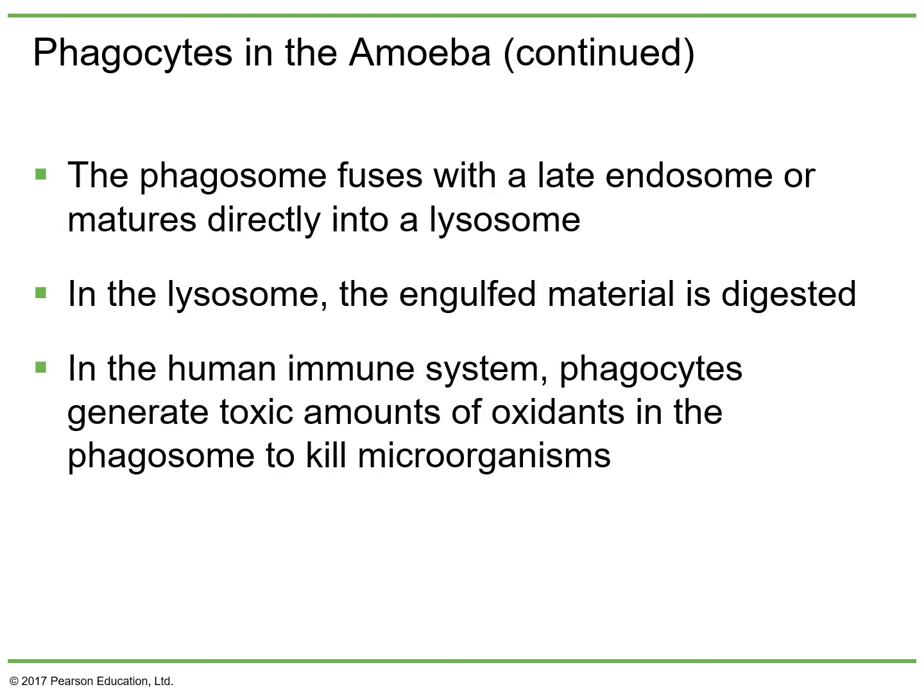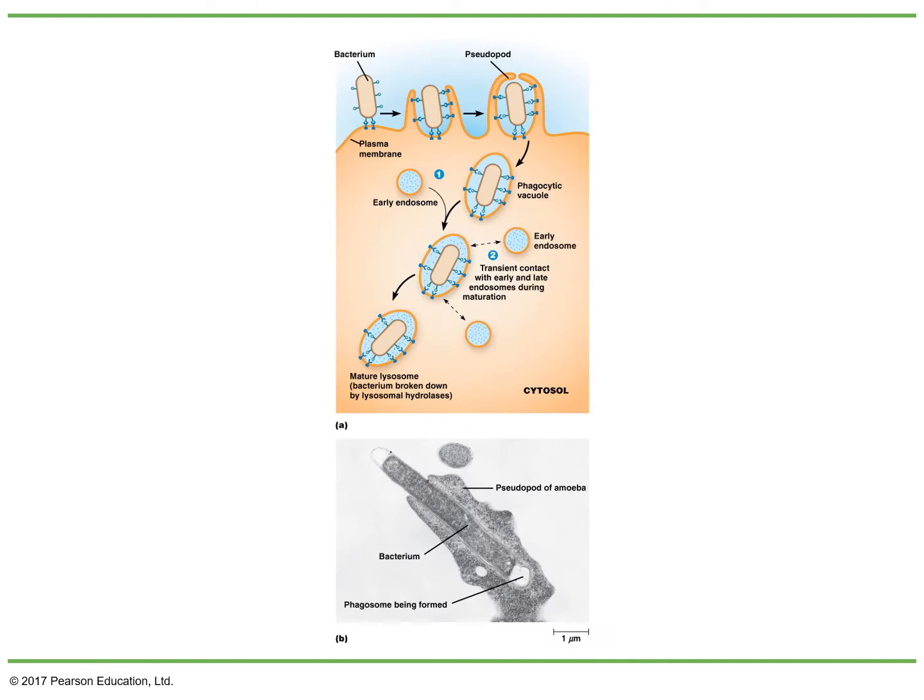The phagosome will eventually fuse with a late endosome, which may mature to become a lysosome, whereby the lysosome eventually will digest the engulfed material. So this diagram shows the process of phagocytosis via the formation of a pseudopod.